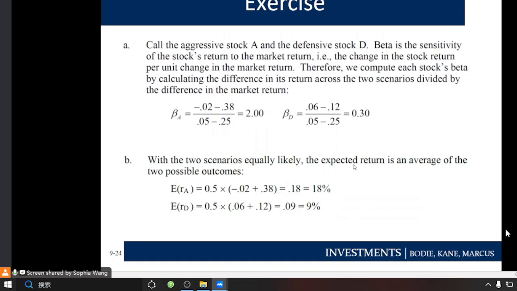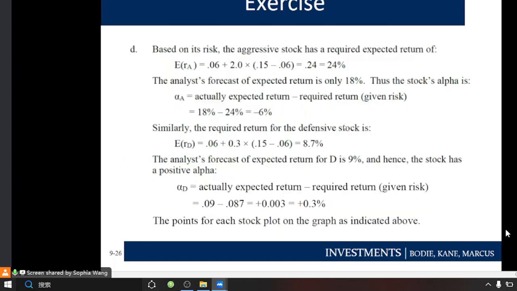This is the real stock market, and this is the expected return in the real stock market. We get the data from the table, and this is the data from the CAPM model. So we can calculate using the actual expected return and the required return.